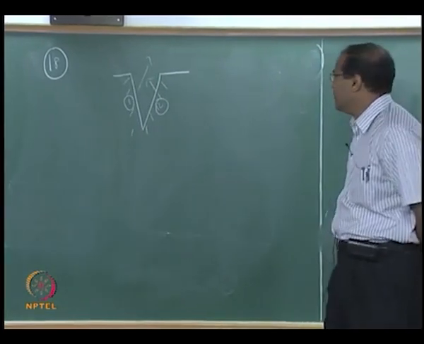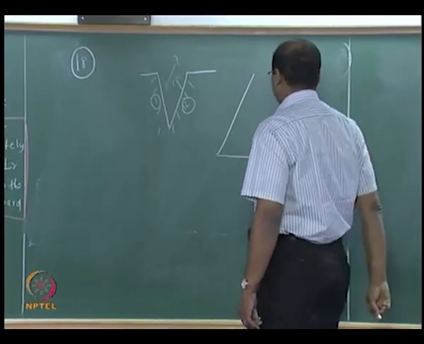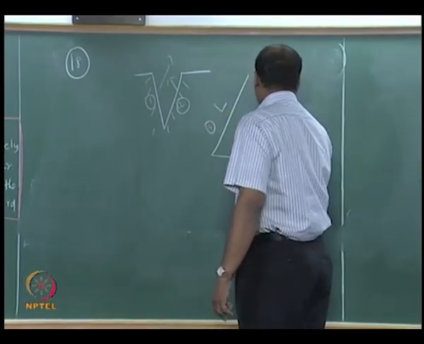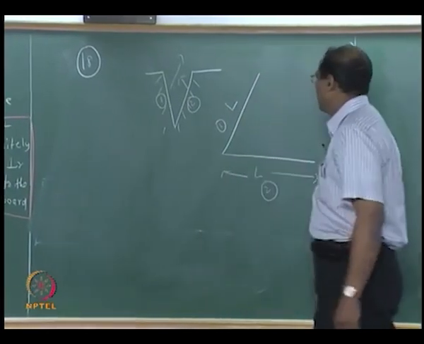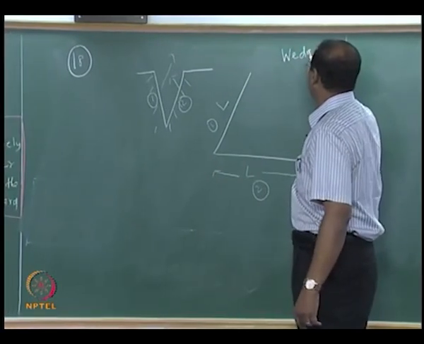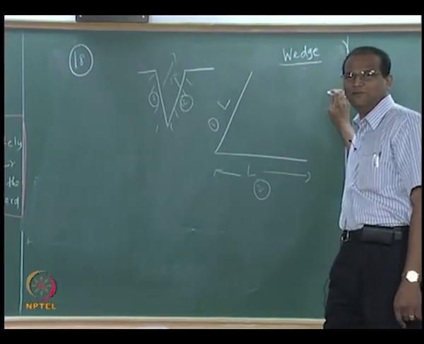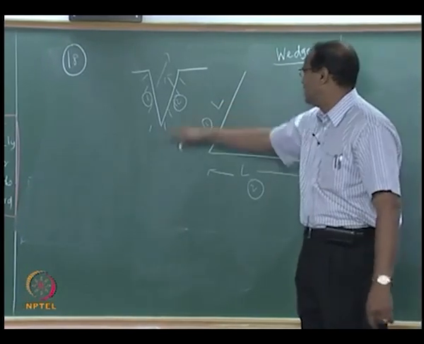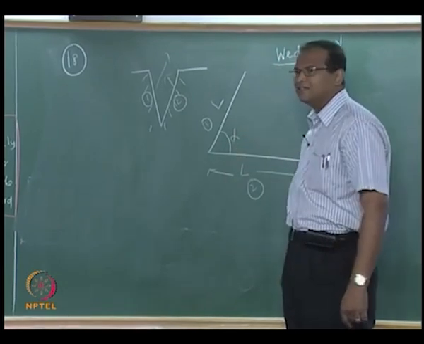In order that you are able to follow what I am saying, let us say this is L, this is also L. I will call this a wedge. In English we keep saying, don't drive a wedge between the two people. So this is a typical wedge. Now the included angle is alpha.